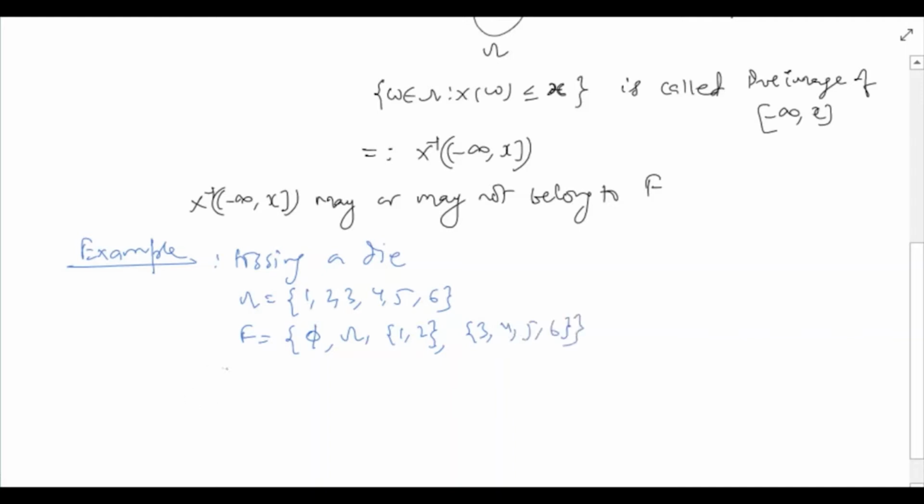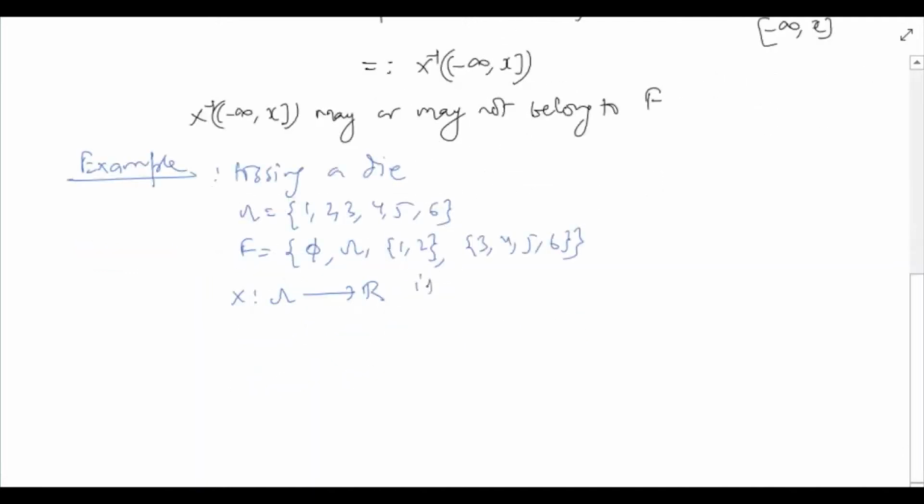Now we consider a function X from Omega to R defined as follows. We define X(omega) to be the ceil of omega by 2.